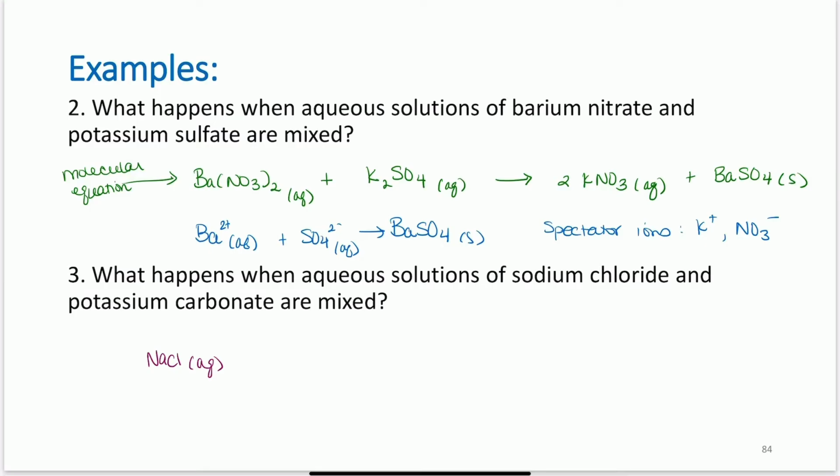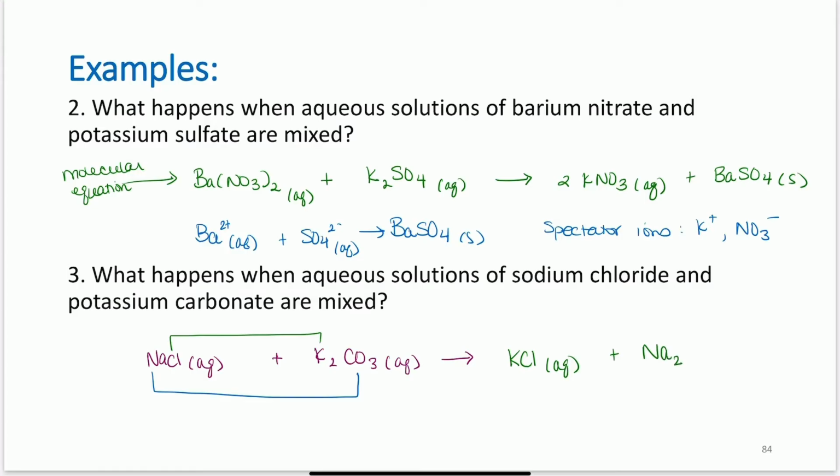What about if I mix aqueous solutions of sodium chloride and potassium carbonate? Sodium chloride is aqueous. Potassium carbonate, K2CO3, is also aqueous. I'm going to swap partners here. So sodium's going to go with carbonate. Potassium's going to go with chloride. Potassium chloride is aqueous.